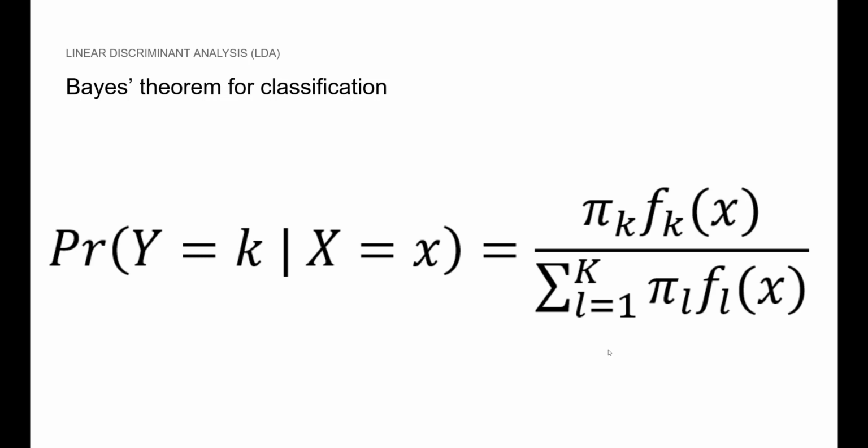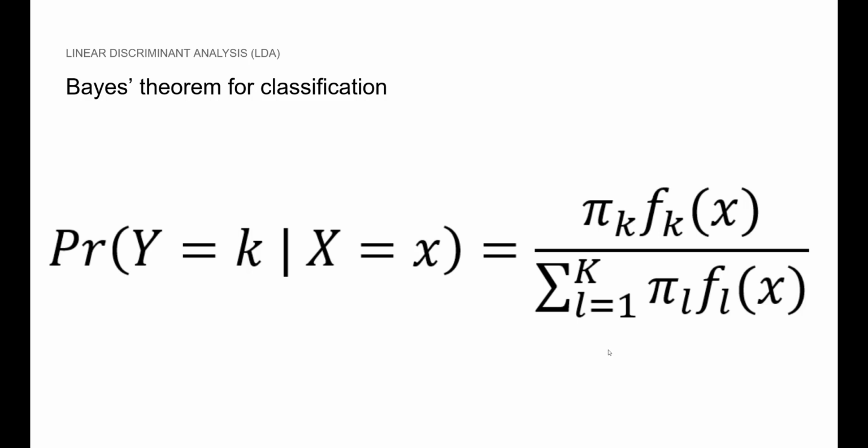Bayes' theorem is explained like this. Suppose we want to classify an observation into one of K classes, where capital K is greater than or equal to 2. Then you let pi k be the overall probability that an observation is associated to the kth class. You let fk of x denote the density function of x for an observation that comes from the kth class.